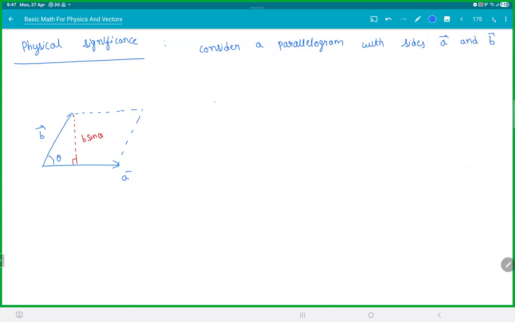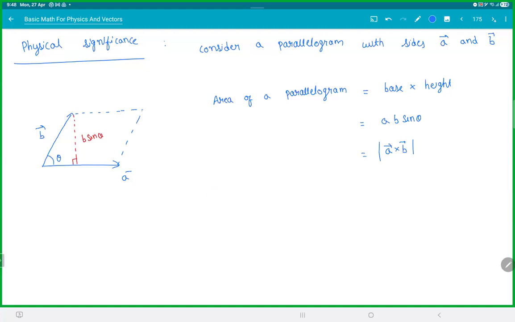Now, anyone remember the area of a parallelogram formula? Base into height. Remember? So the area of a parallelogram is nothing but the base into height. So here the base is a and the height is b sine theta, which can be written as magnitude of a cross b. So the vector cross product gives you the area of a parallelogram formed by a bar and b bar.